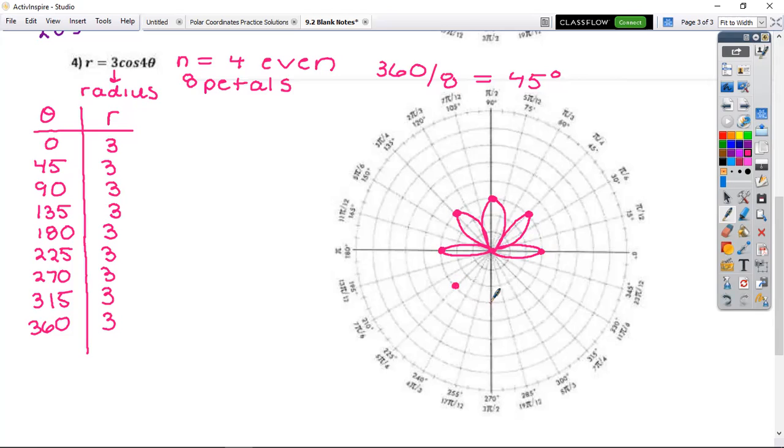And I have 270 and 3. So here, here. And my last one is 315 and 3. Okay. And there's my center.